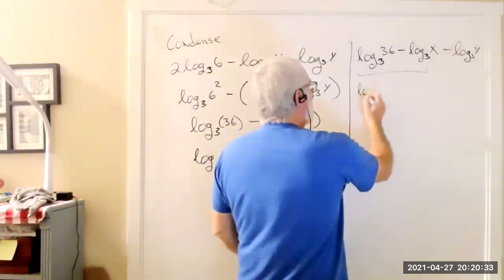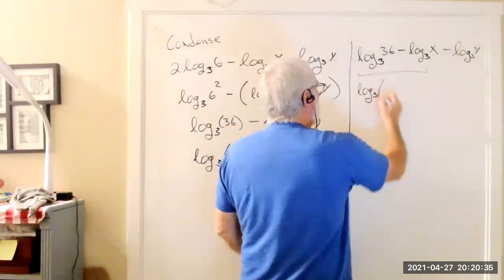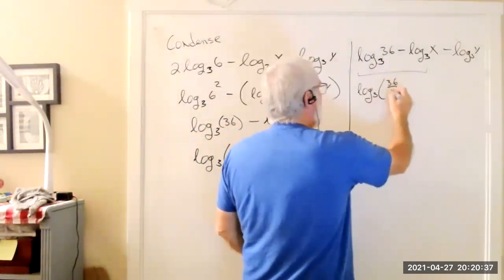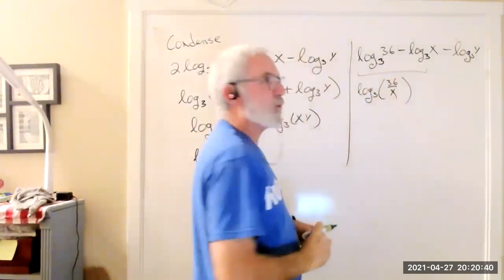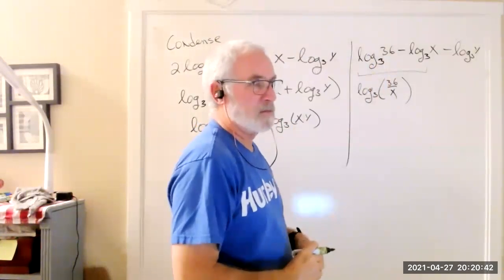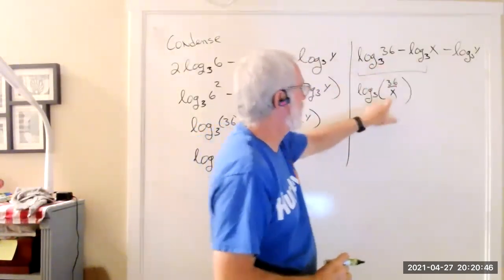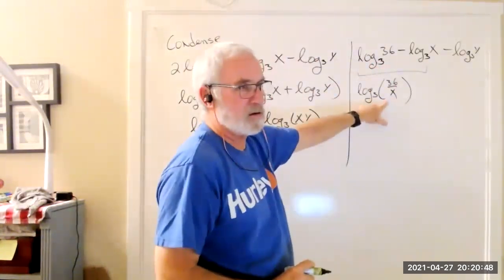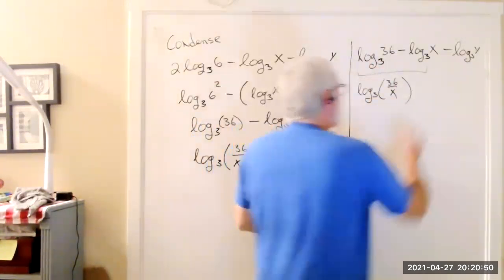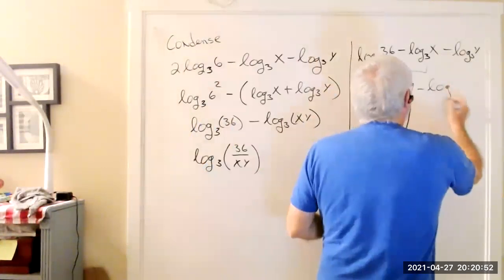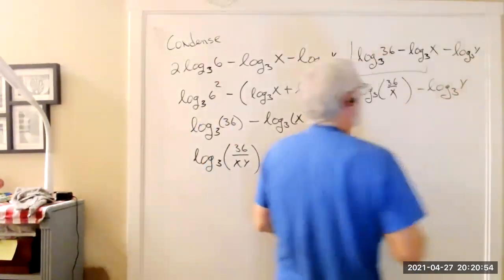That becomes the log base 3 of 36 over x. And that is correct math. The log of two things subtracting becomes one big log dividing, minus the log base 3 of y.